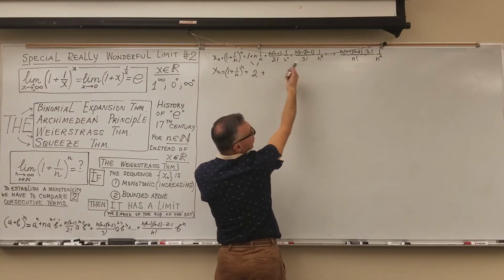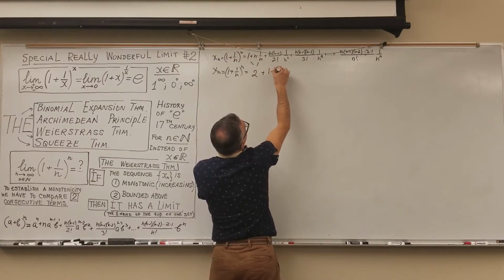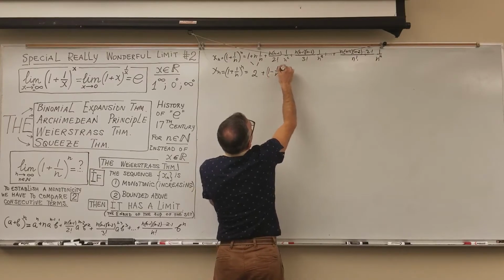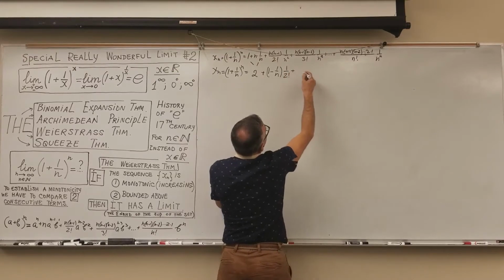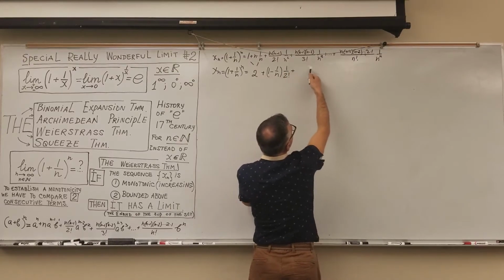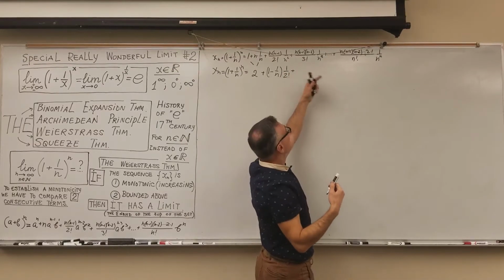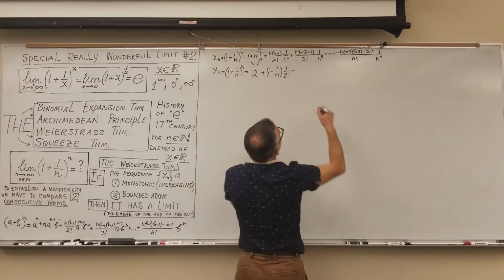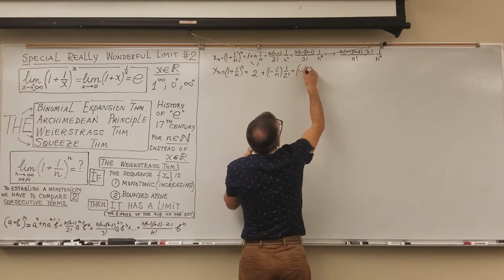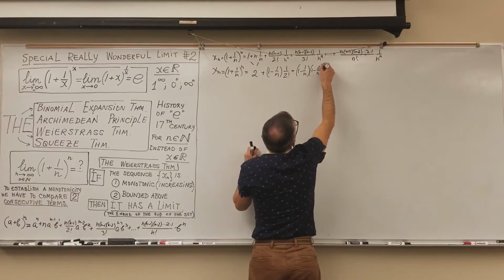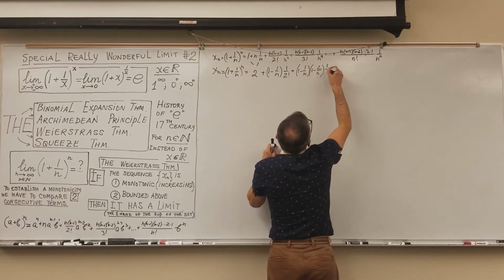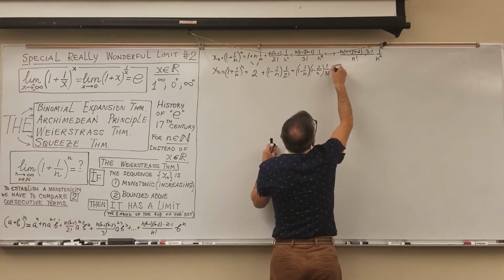So it will be (n minus 1) over n, which is 1 minus 1 over n, multiplied by 1 over 2 factorial, plus. Reduce one n, so it will be (n minus 1) over n times (n minus 2) over n, so it will be 1 minus 1 over n, 1 minus 2 over n, times 1 over 3 factorial, plus and so on.